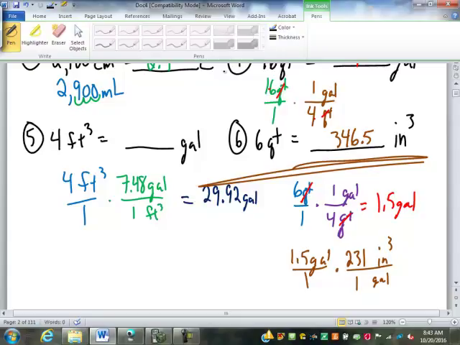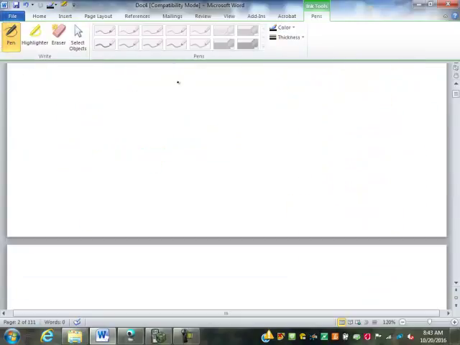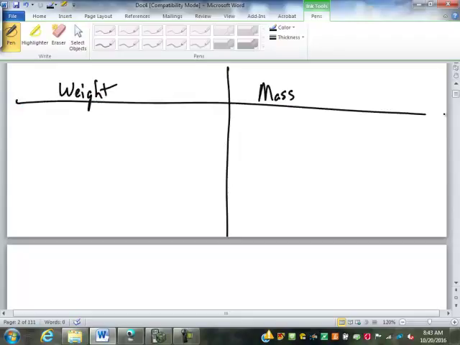Okay. Well, today we're going to talk about weight and mass. So before we have that discussion, we need to discuss what is the difference between weight and mass. Weight measures the force of gravity on an object.